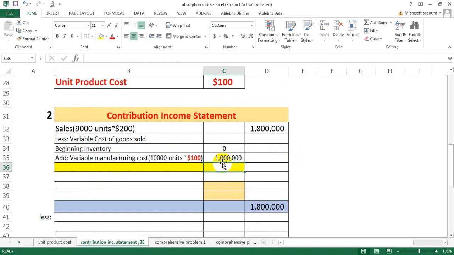The value is this. After calculating the variable manufacturing cost, add them.